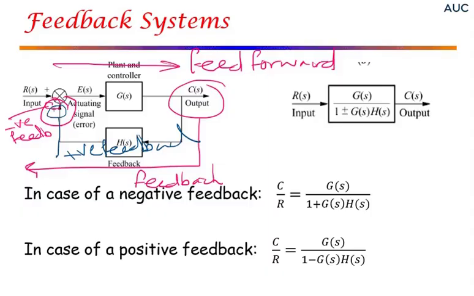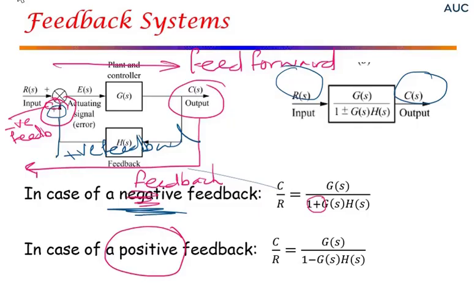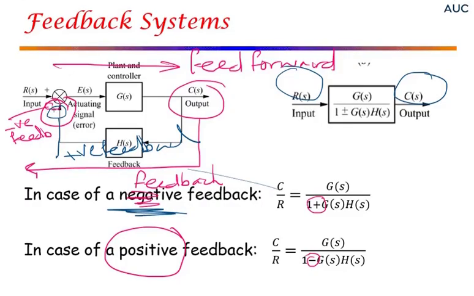Now we are going to show the relation between the output and input in case you have feedback, and you can see here in case of negative feedback, the sign that appears down here is positive, so it's opposite to the type of feedback. While if it is positive, then the sign that appears here is negative. So let us try to prove that.